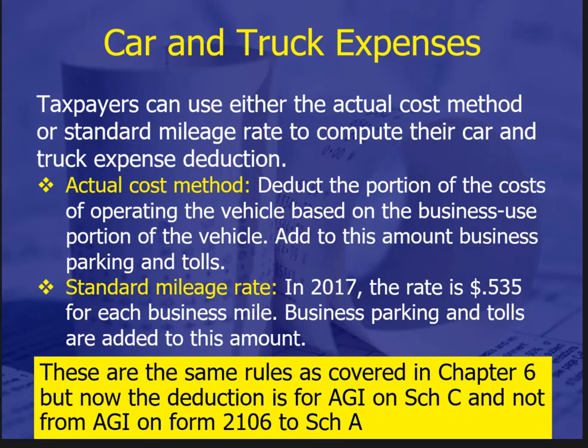So instead of putting this on the Form 2106 and then onto the Schedule A, you're going to put it on Schedule C, picking whichever is the best for your client, the actual cost or standard mileage rate. Typically, standard mileage rate is much easier and actually gets you a larger deduction.